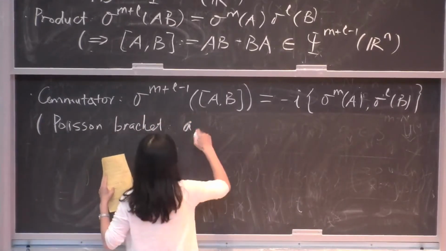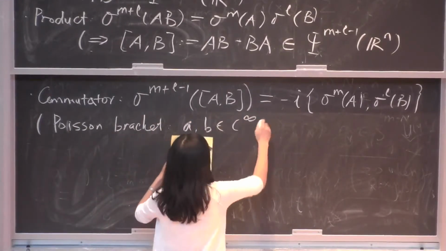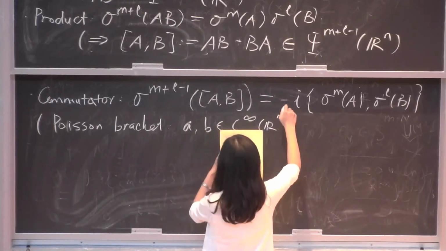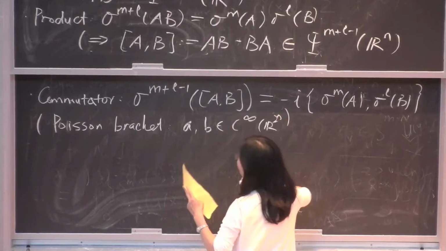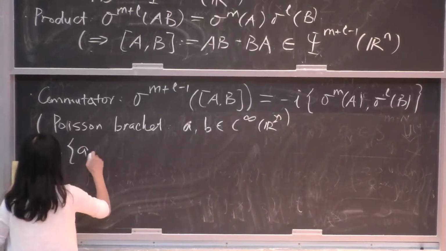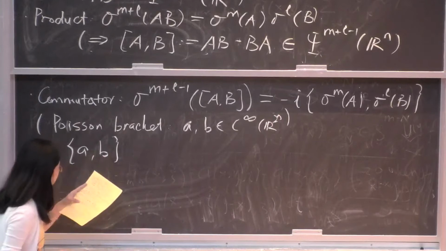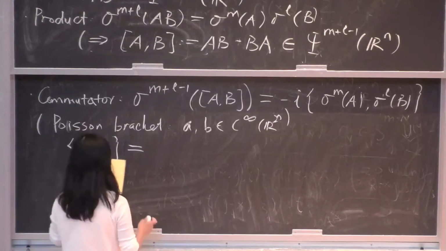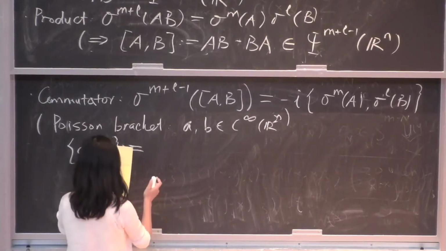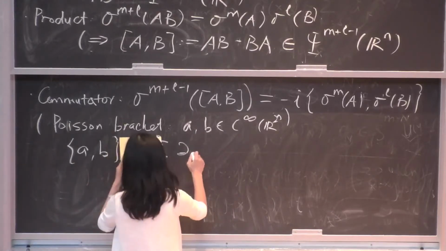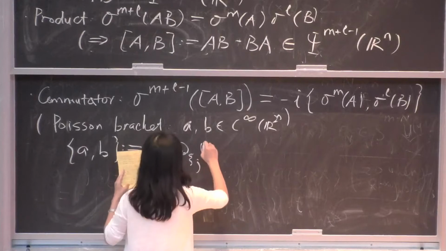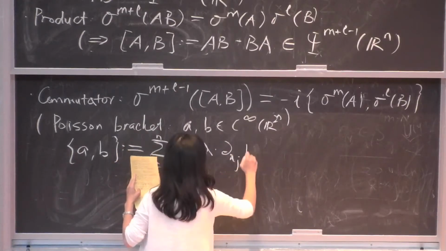Take a and b, say two C-infinity functions on R^2n. Then the Poisson bracket acting on a, b is given by definition as the sum for j from 1 to n of d psi j a times d xj b.